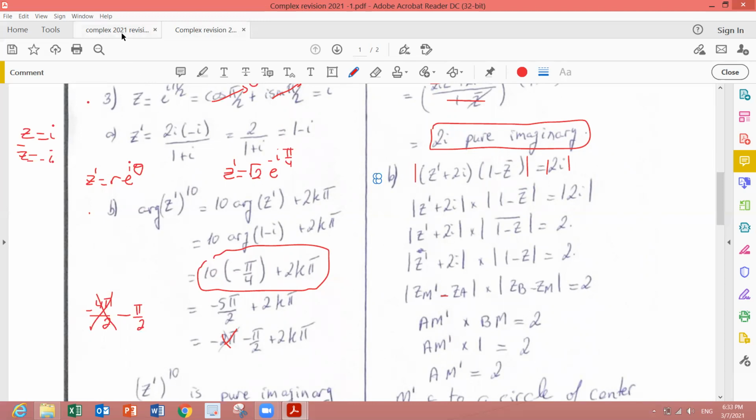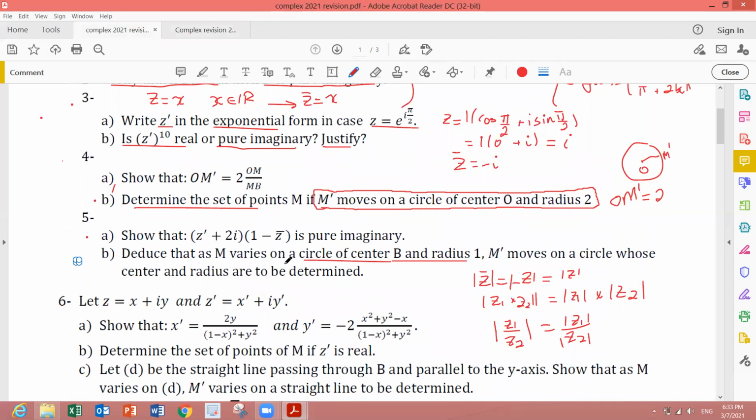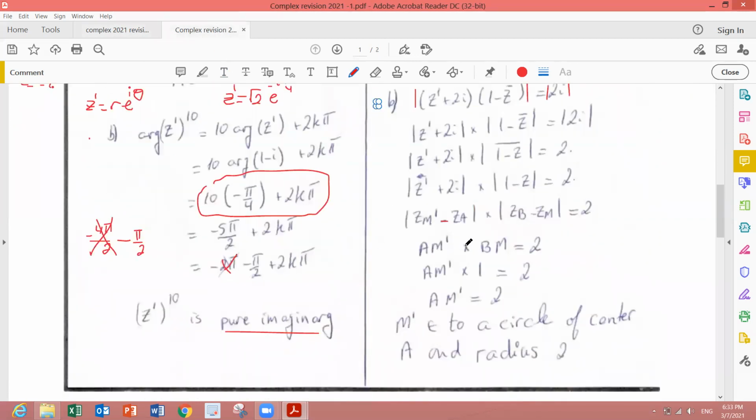But it is given here that M varies on a circle of center B and radius 1, which means BM is 1. So instead of BM, I put 1. Then AM prime equals 2.